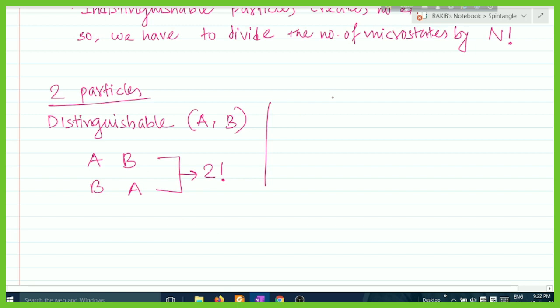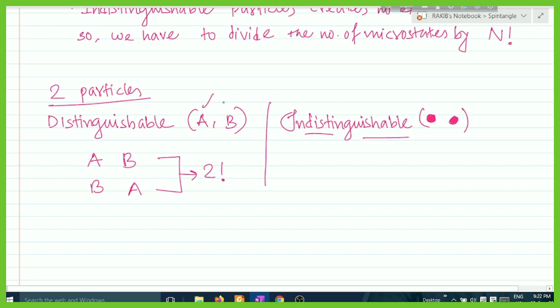Now this is the distinguishable case. In case of indistinguishables, if the particles were indistinguishable, this means you cannot label them. You just have to say you have 2 identical, indistinguishable particles. You cannot distinguish them individually. This is what we call indistinguishable particles.